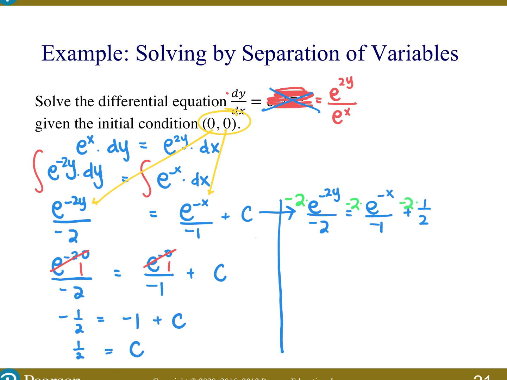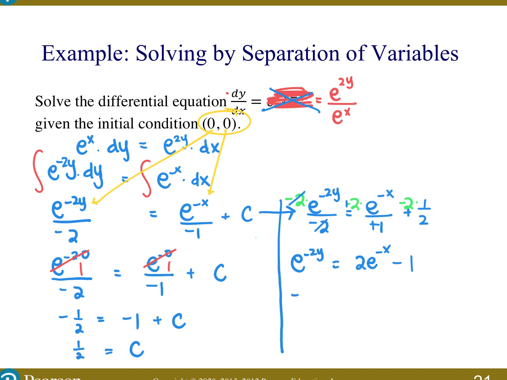All right, so that gives me e to the -2y, because the -2 cancels out the -2. And then 2 e to the -x minus 1. Now I want to get rid of the e. And the only way I can get rid of the e is by using a natural log on both sides.